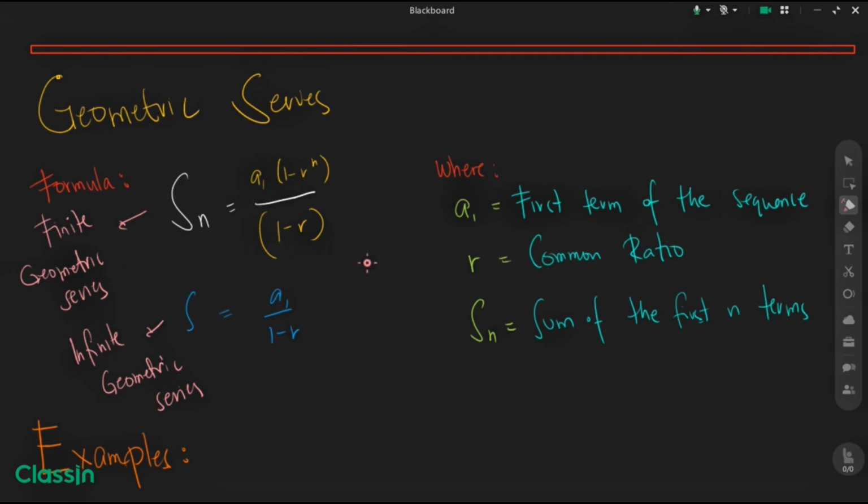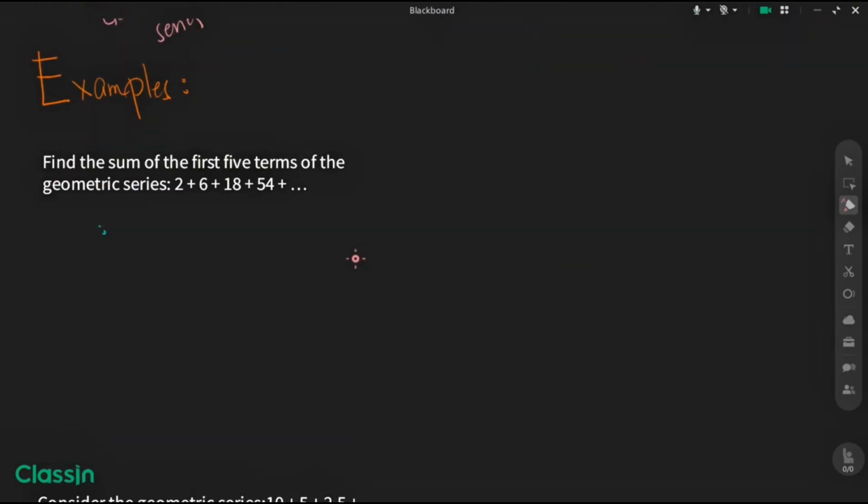Let's proceed with an example. First one, find the sum of the first 5 terms of the geometric series. So let's write all the givens first. First term is equal to 2. Again, the ratio: we need to divide 6 all over 2 for us to get the ratio, which is 3. And our n, we are looking for 5 terms.